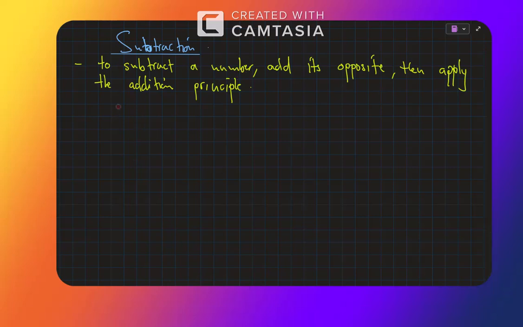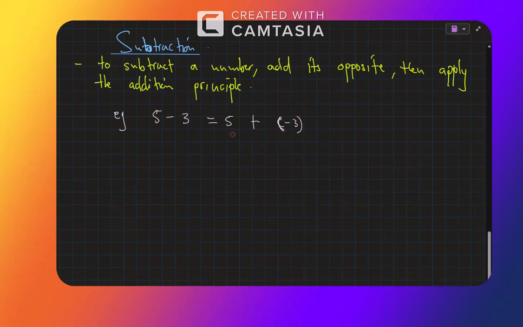When I say to subtract a number, add its opposite. For example, let's say you are given 5 minus 3. If you look carefully, just add the opposite, so 5 plus negative 3.